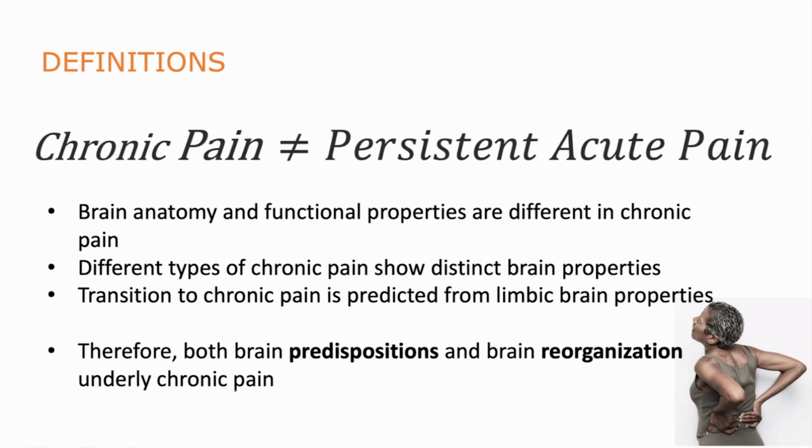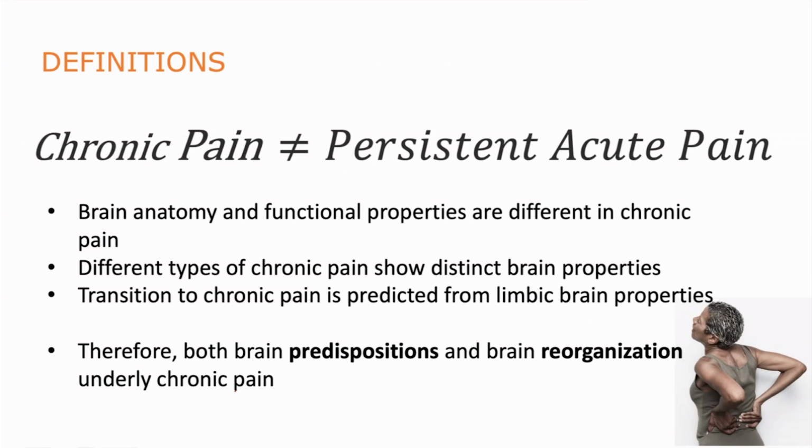There is at least a general concept that the transition from acute pain to chronic pain involves very specific brain limbic properties. The limbic brain, we will equate it to the brain regions that have to do with emotional evaluation of the environment and emotionally driven learning processes.